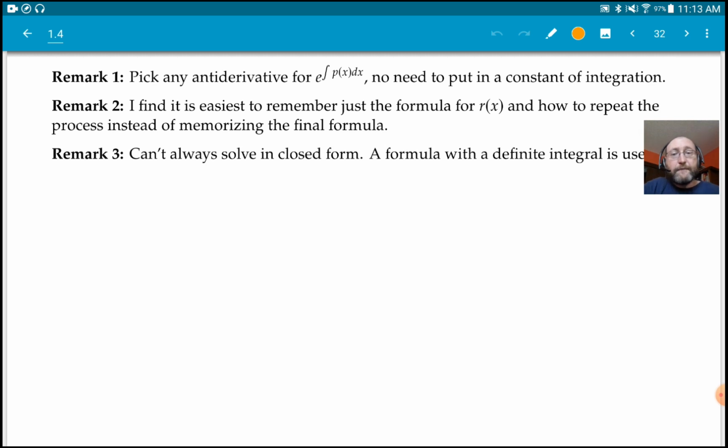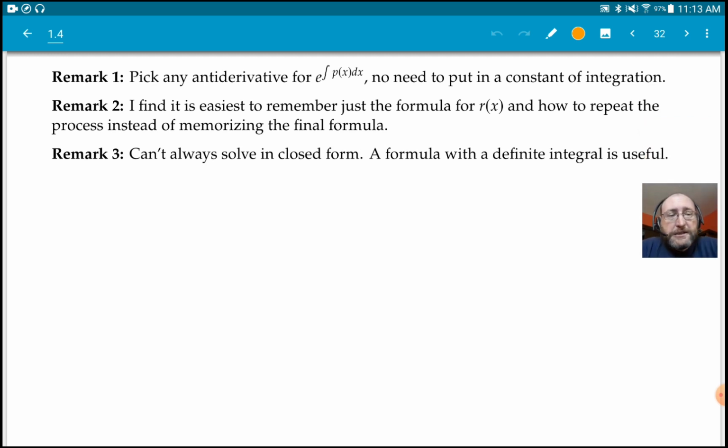All right, now the formula. If you write it all down, there's a bunch of indefinite integrals there, and you can't always find them in closed form.